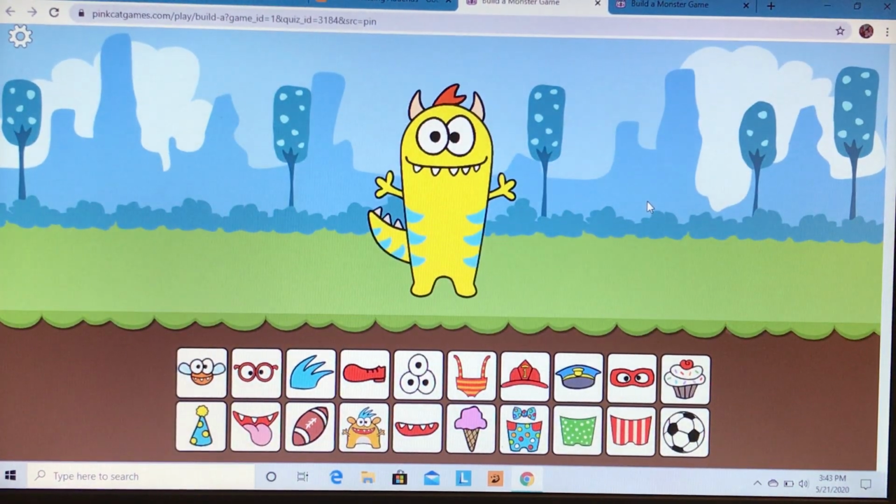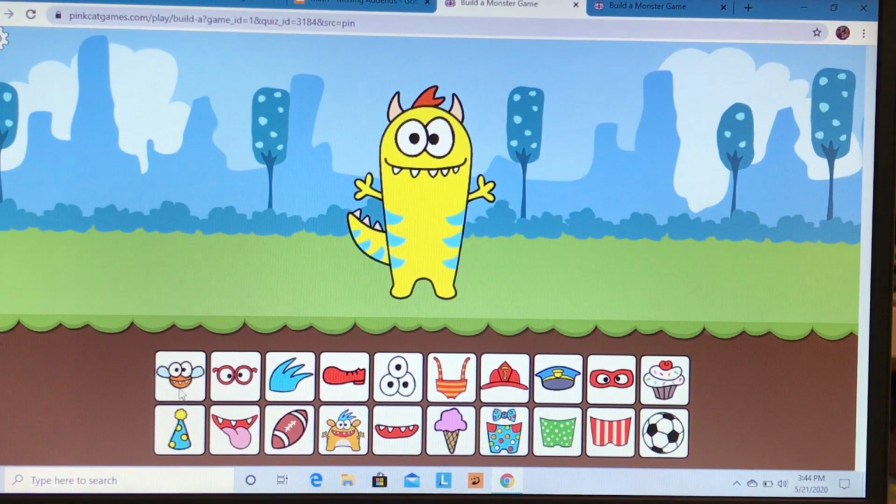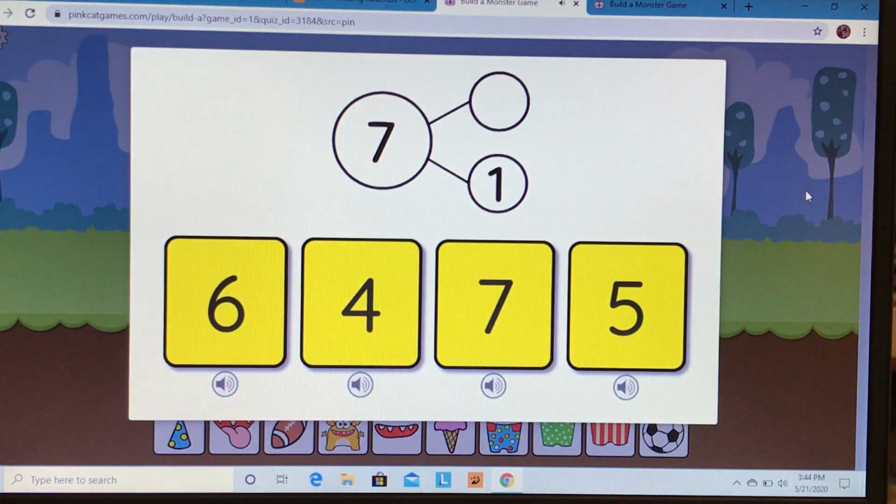What I'm going to do is click on a part to add to our monster, and in order to add that part, we must get the question correct. So we're going to be filling in the missing parts, or what we get when we add the two parts together. So here we go.